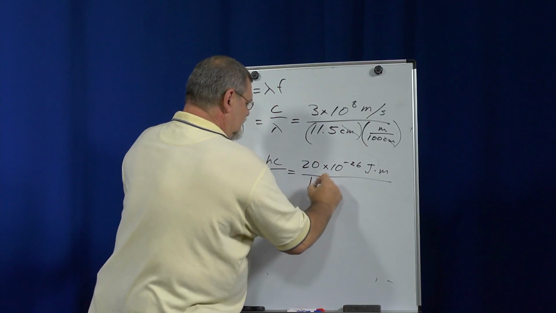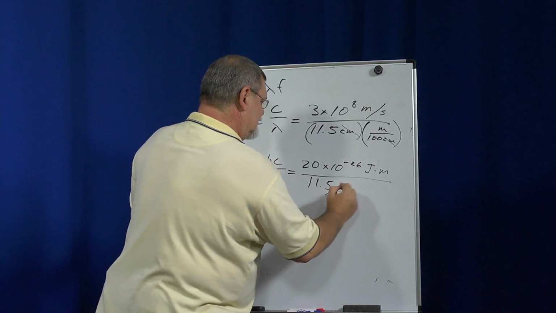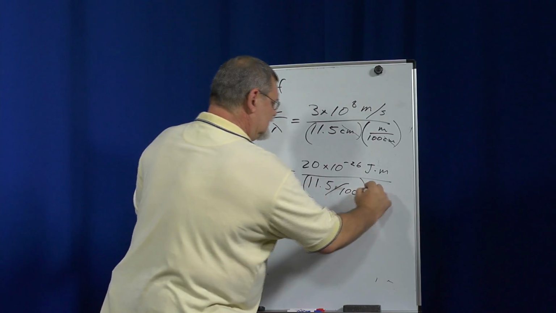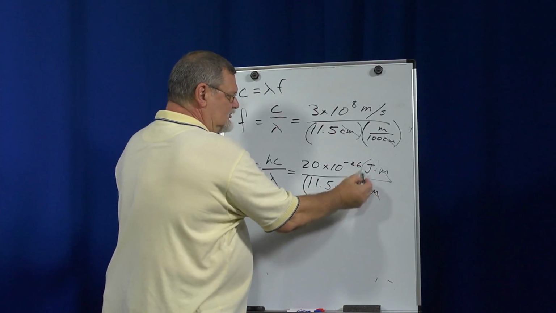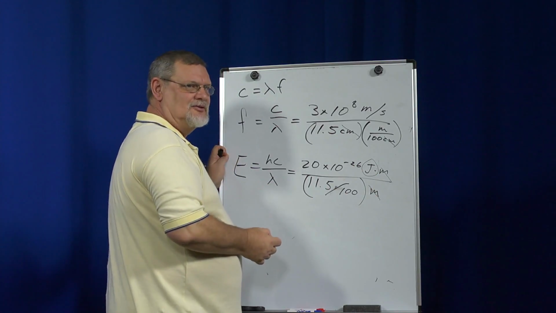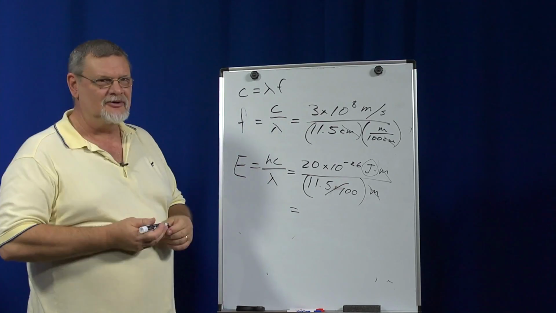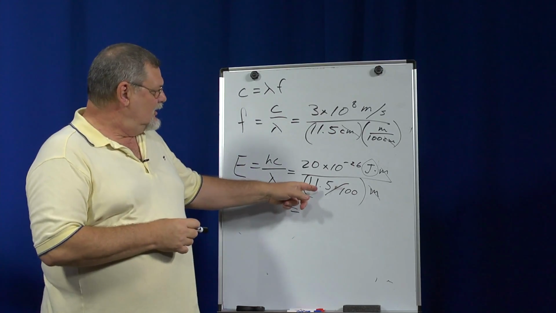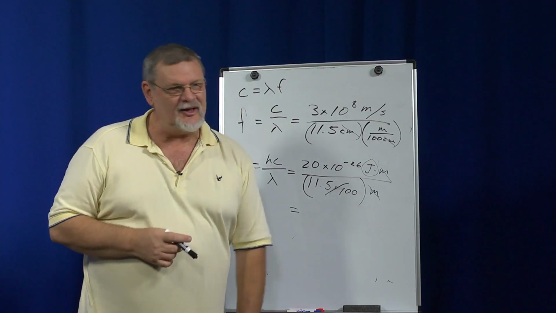Divide that by 11.5 centimeters. Let me just go ahead and divide that by 100, because this is now in meters. So look at our units. Meters goes out. I have joules left over. Is that a unit of energy? Yes, it is. Do that multiplication, and you'll find out how much energy that photon has of a wavelength of 11.5 centimeters. Hopefully you follow that.